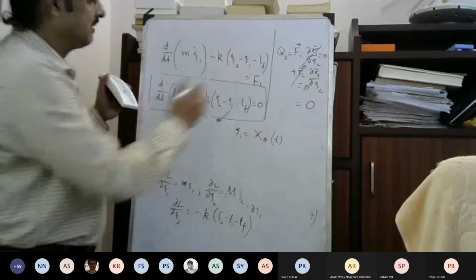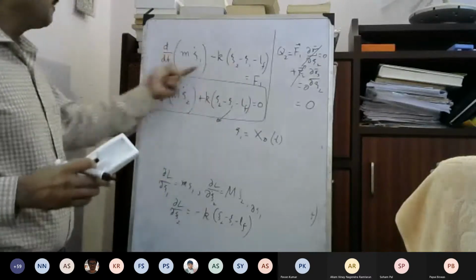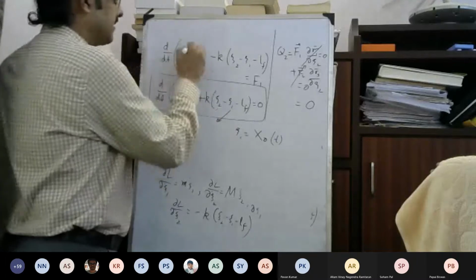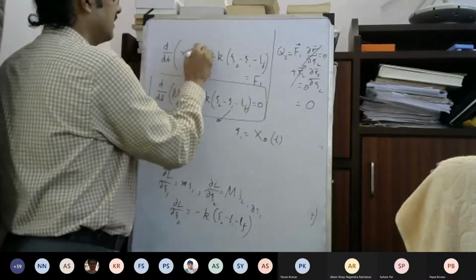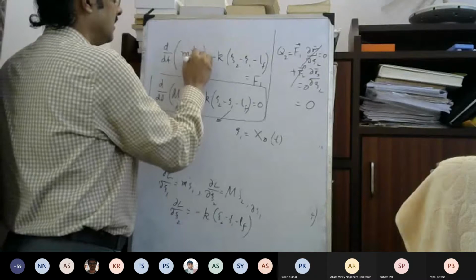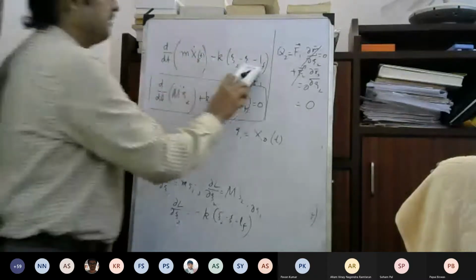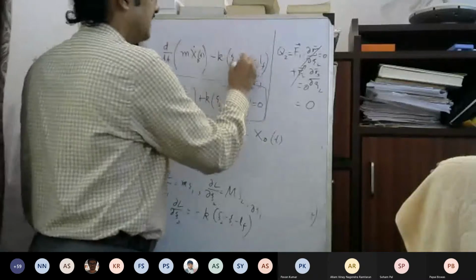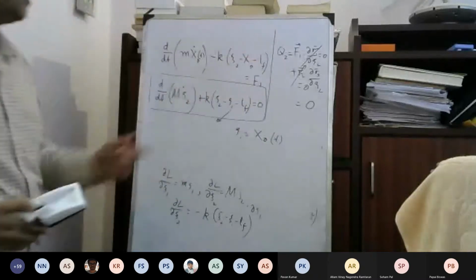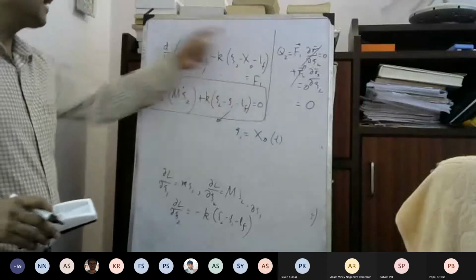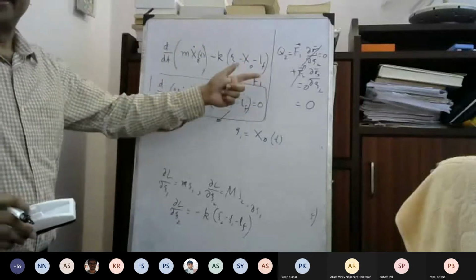From this other equation, you will get F1, because if you solve this equation, zeta 1 is x naught of t, so therefore this will be equal to x naught double dot of t. I said x naught is a function of time. So this equation will give you the force which is required to maintain this motion.